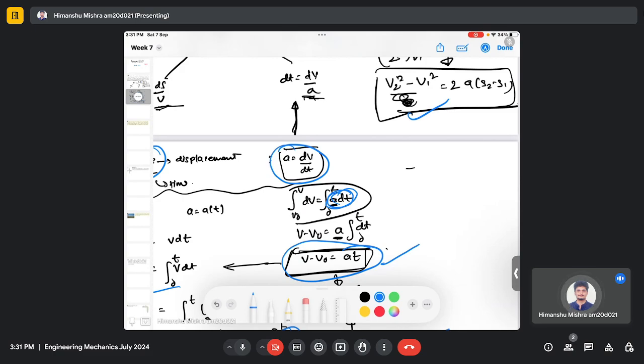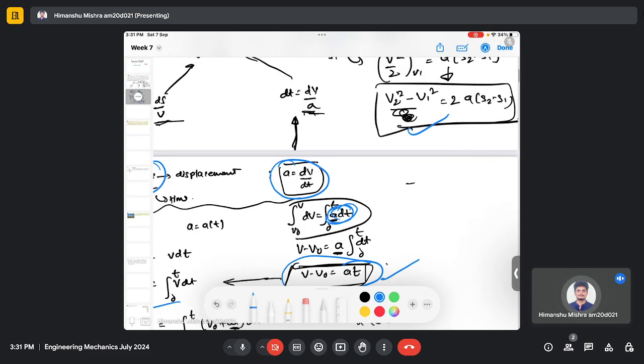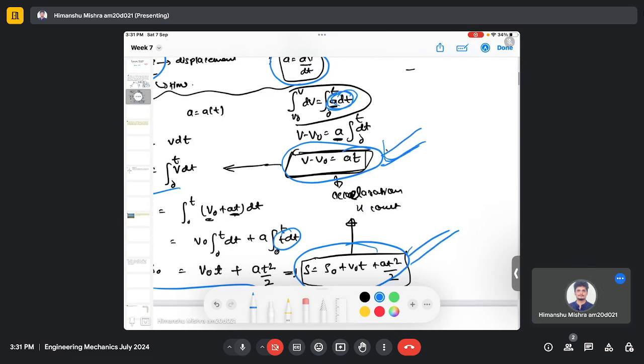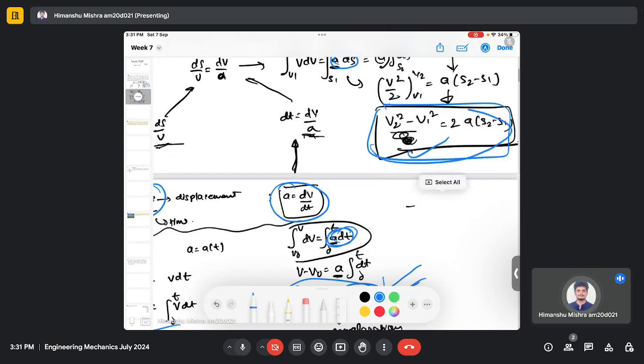So mostly we will be solving problems based on the variable acceleration, because for the constant acceleration case, the problems usually are very straightforward. You just need to use one equation from these three equations, and simply use it directly to get the answer.